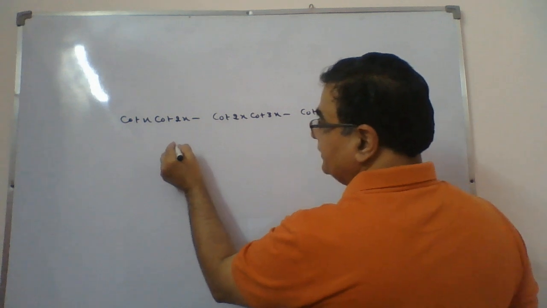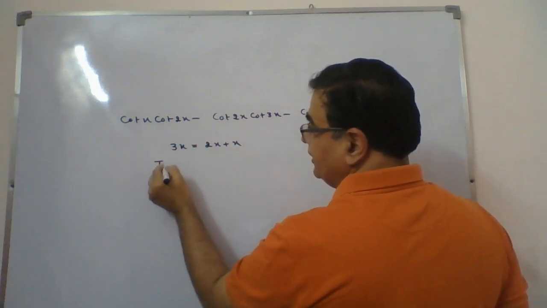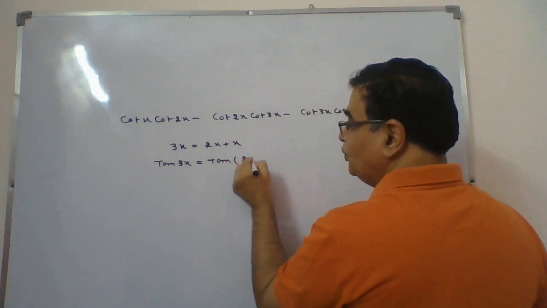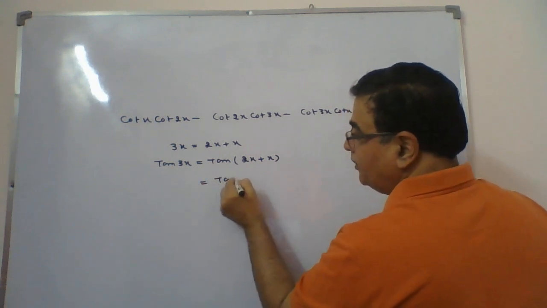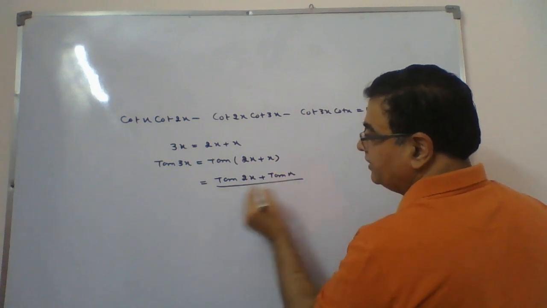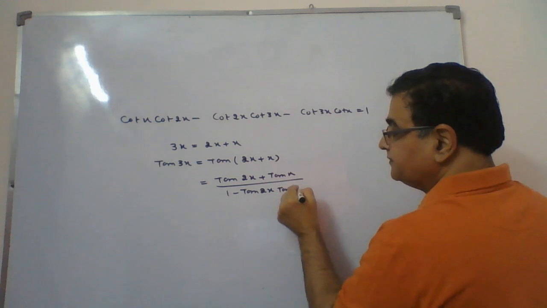That is 3x is 2x plus x. Taking tan on both sides, so tan 3x will be tan 2x plus x. When you solve it, it will come out to be tan 2x plus tan of x by 1 minus tan 2x tan x.